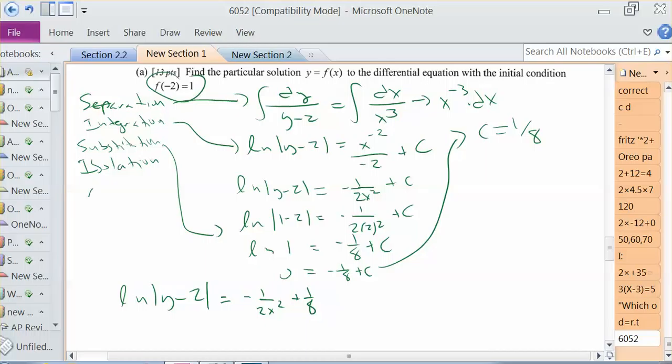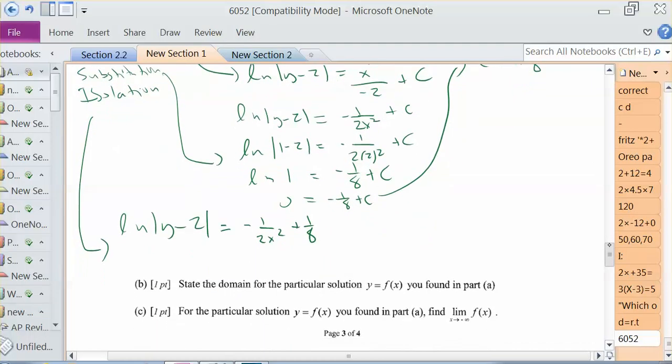But this is the isolation part. So don't spend too much time if you're having a little trouble with it. But hopefully you would know to convert that to an exponential function. That's how we rewrite log functions. So we have negative 1 over 2x squared plus 1/8.